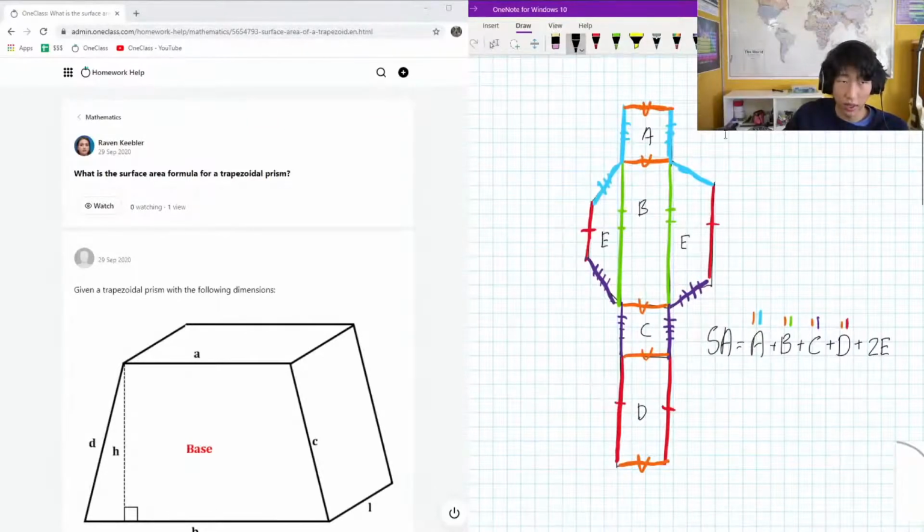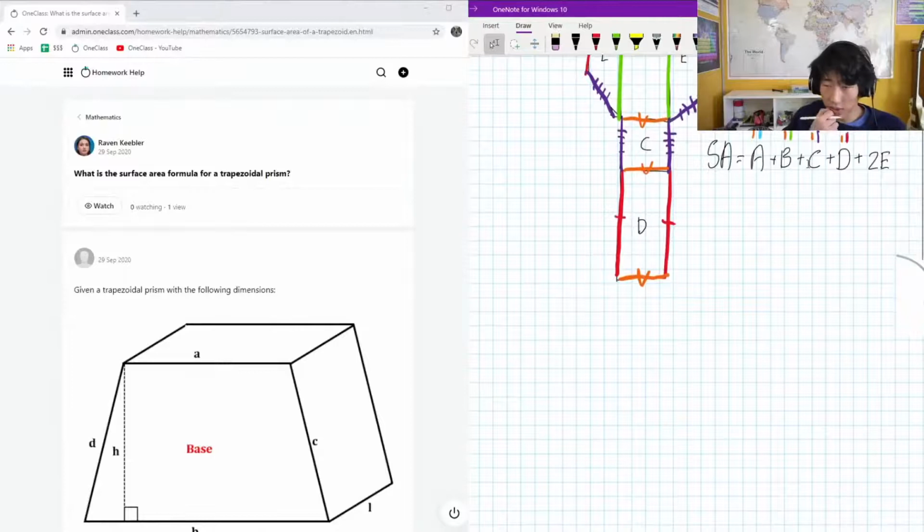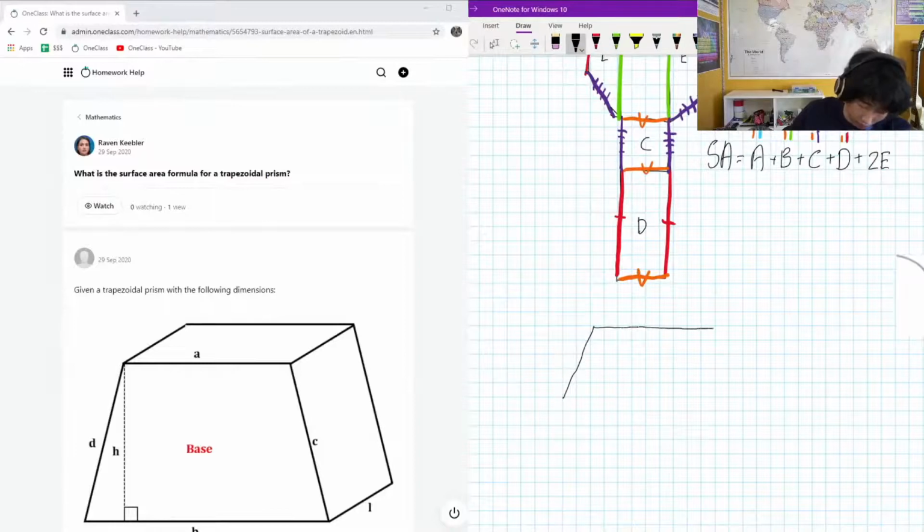Now the only thing that might be a little bit tricky is E, the area of the trapezoid that is making it up. But areas of trapezoids, it's really not that difficult. So if I were to draw just a trapezoid on its own like this, let's call this H for high and this one L for low.